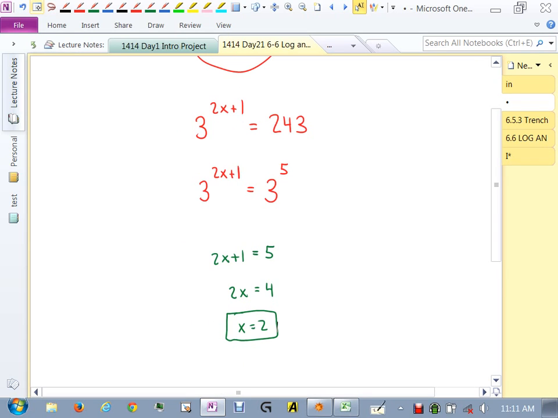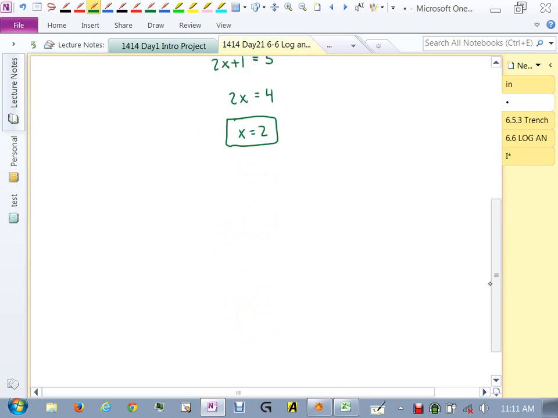Well, let me see which one. Which page? Back on the other one? Wait, what page are you talking about? 447. And number 47. 1 to infinity. Yes, because the natural log of x had to be bigger than 0, and that only happens when it's past 1.